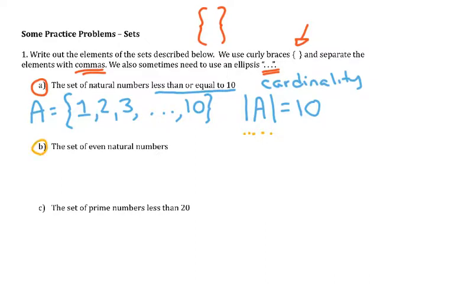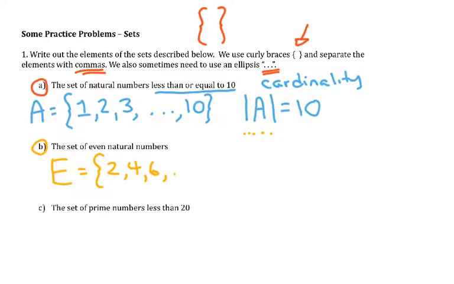The set of even natural numbers. Well, I'm going to call this set E. And that's my curly brace. The first even natural number is 2, then there's 4, then there's 6, and we cannot write them all down. So I'm trying to draw an ellipsis here, and sometimes it doesn't show up well on the iPad. So let me try this again.